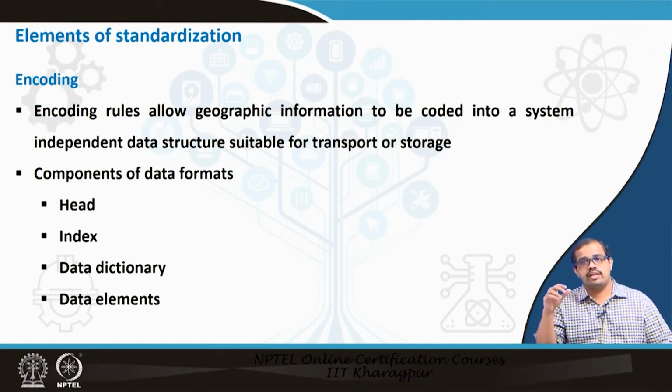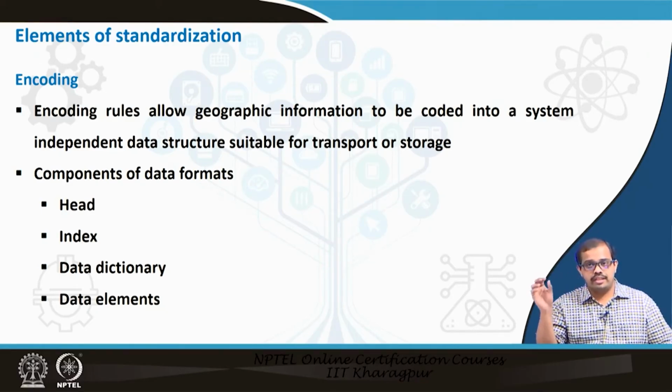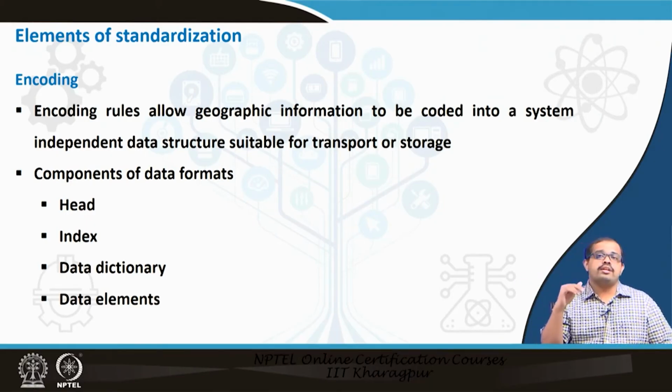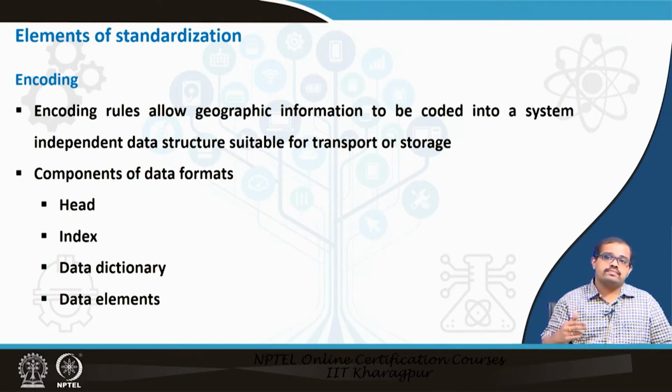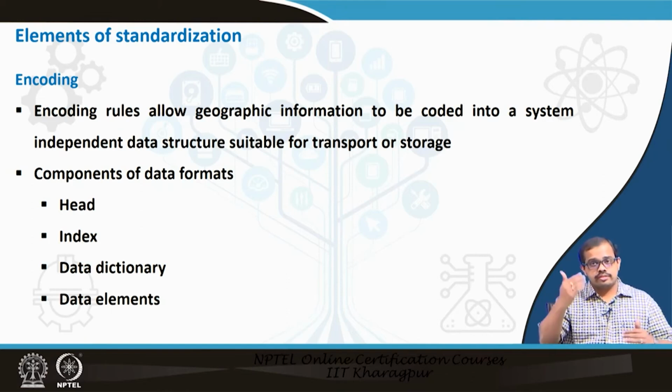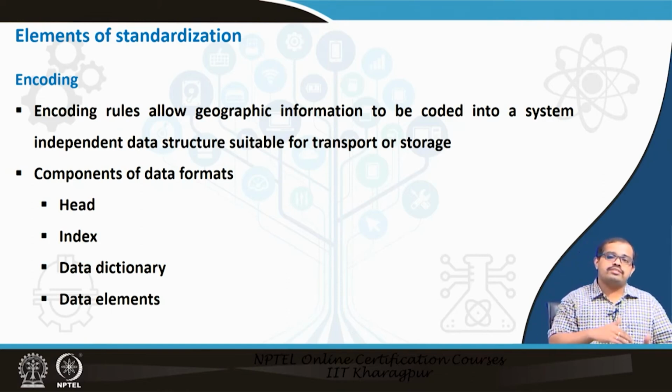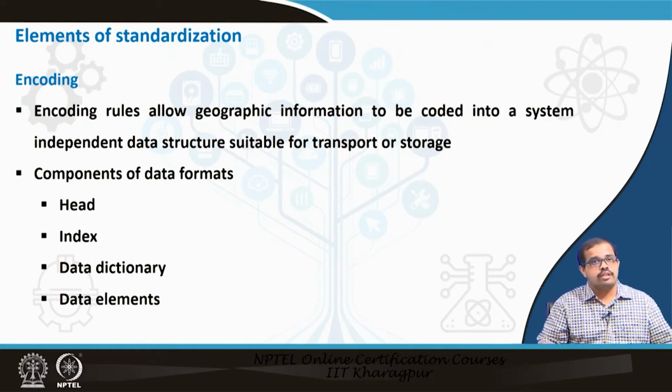The first few lines of any JPEG image will define what its header is, what kind of index it has, the number of rows and columns, which means the data dictionary and data elements mentioned in the first few lines of your image. Your program should be able to read and capture that, and then it knows where to start reading an image and how the image is represented. So, this is how the encoding is done.